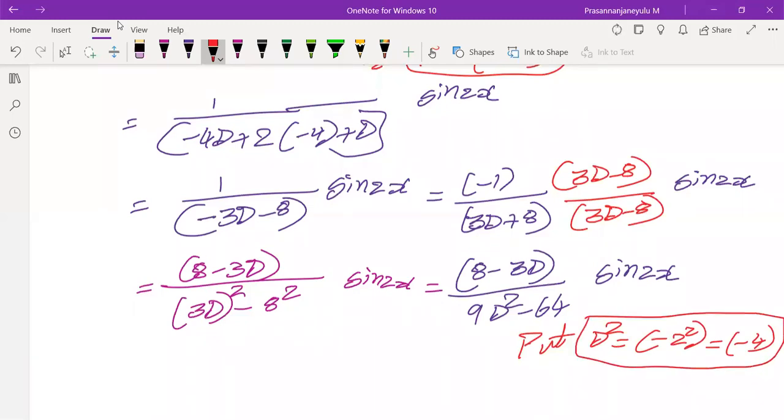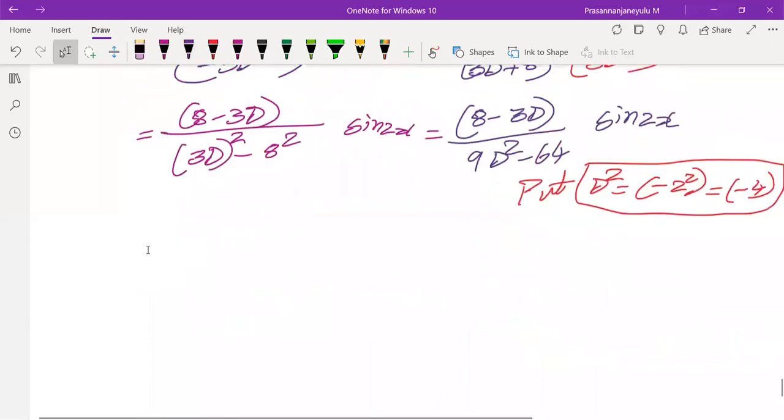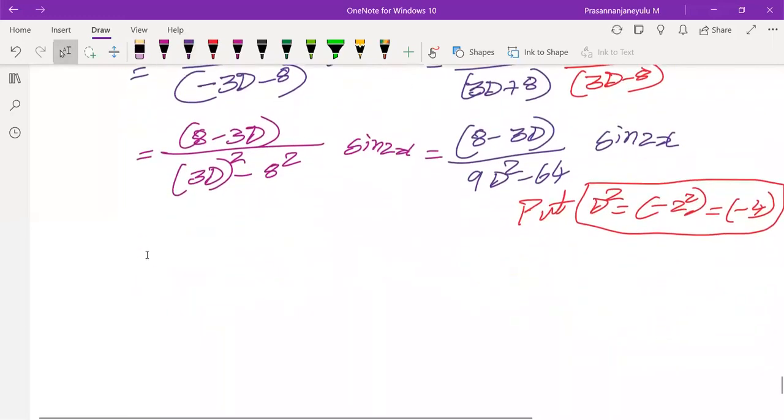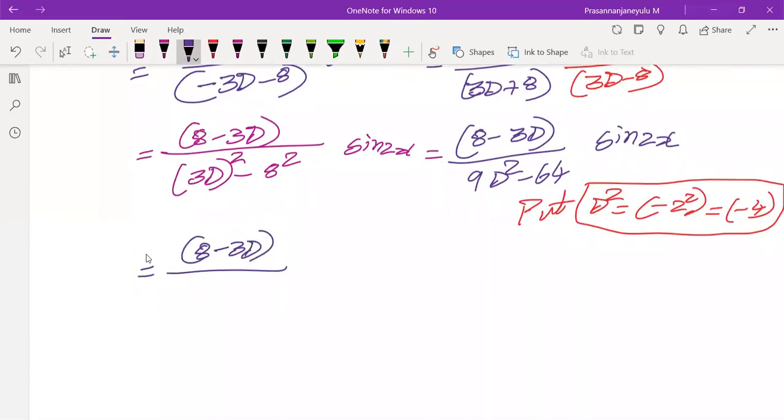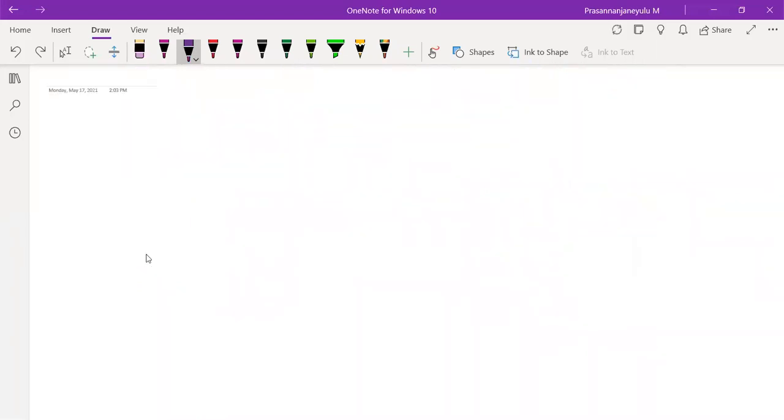No other option. So when we substitute this, the numerator will be the same, 8 minus 3d, by 9 into, okay, I'll do one thing here. I'm substituting in the denominator.